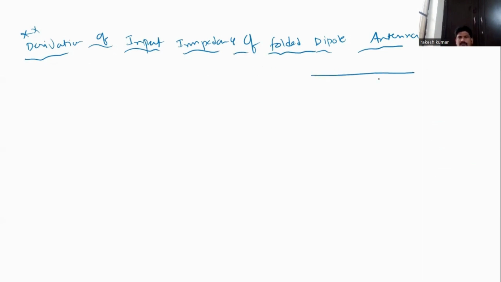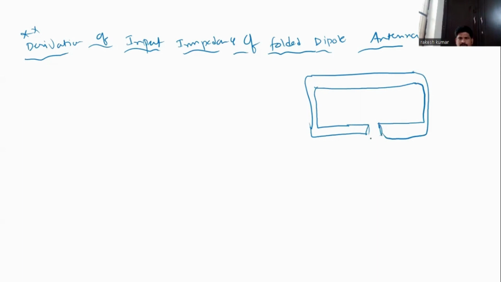Let us consider a folded dipole, which means two dipoles are there. This is one dipole, which is continuous, and here we are providing the excitation.